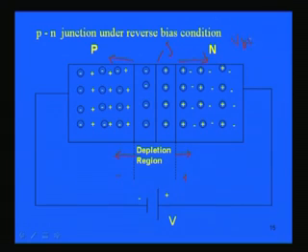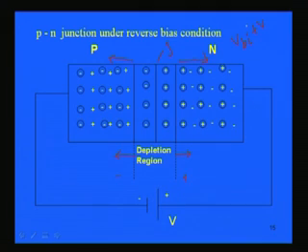This Vbi was earlier, and it will now be increased by this amount, Vbi plus V. That means it will be offering very high resistance to the flow of the charge carriers, that is, diffusion will not be taking place now. So, the diffusion current is 0.